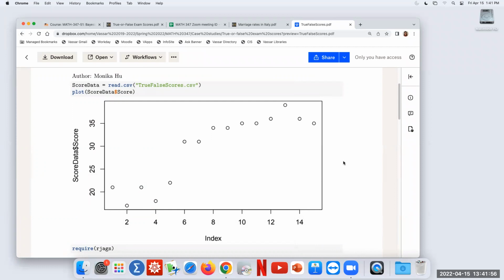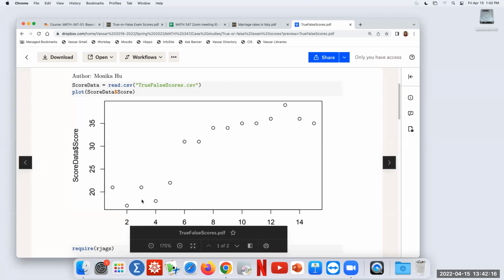You get a point for a correct answer, and a 0 for an incorrect answer for each question. And we got 15 observations.